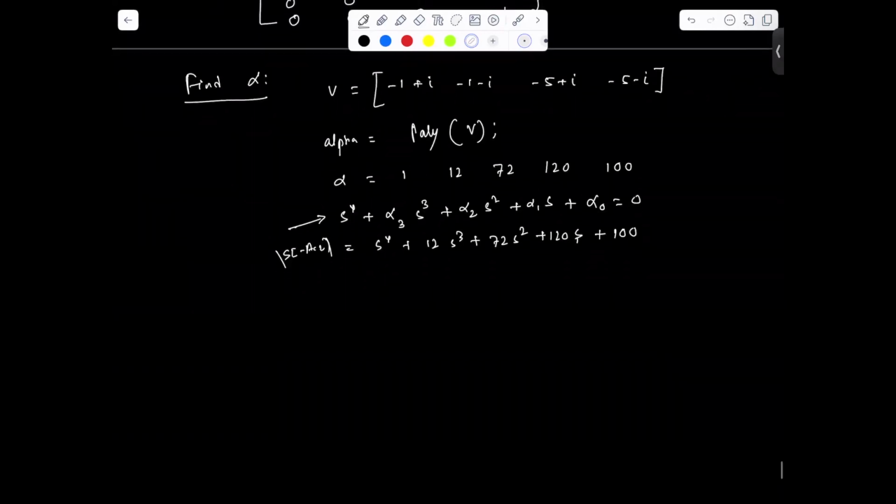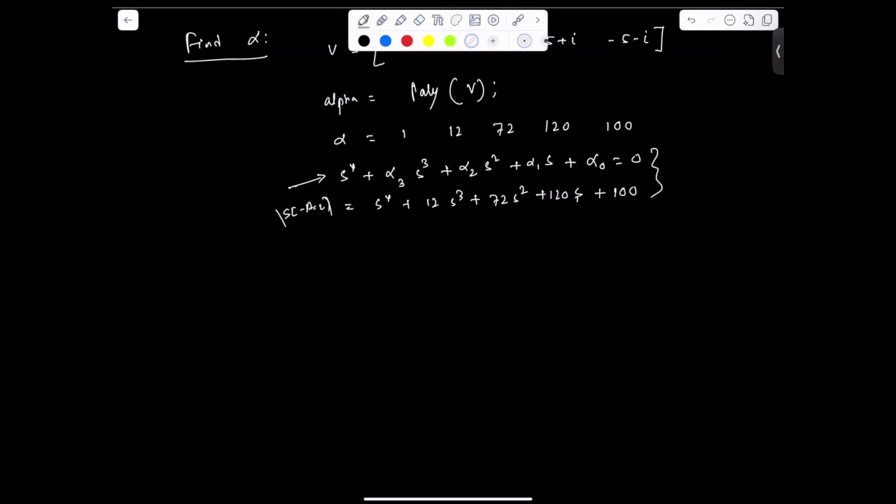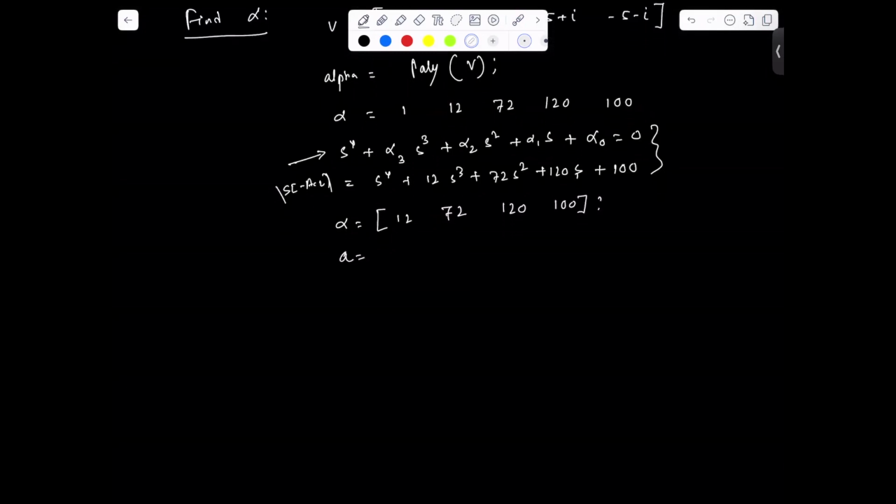If you compare both equations, alpha is a vector, which is 12, 72, 120, 100. So this is the alpha vector.